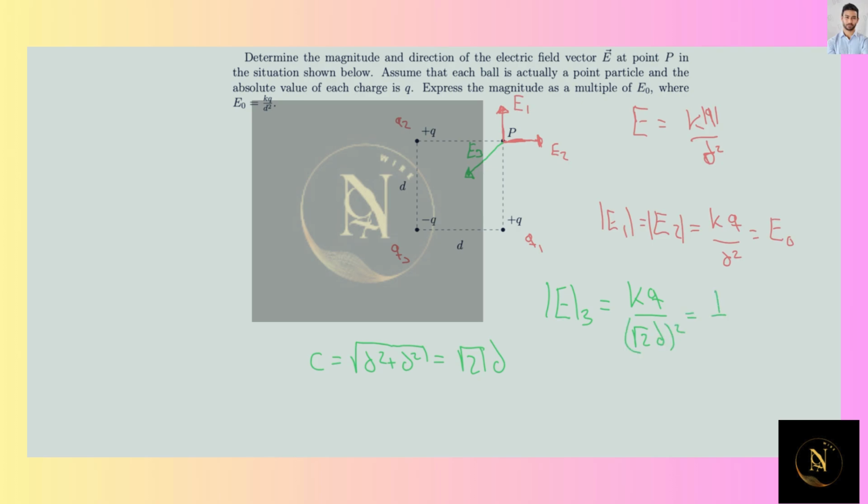So 1/2 of kq over d squared, which is 1/2 of E0. Now, other information that we have is that since the distances over here on the triangle are the same, this angle theta is going to be equal to 45 degrees.